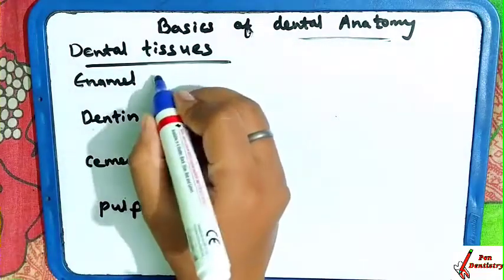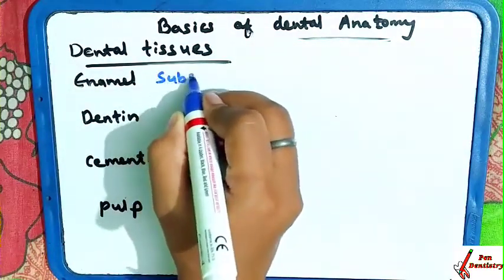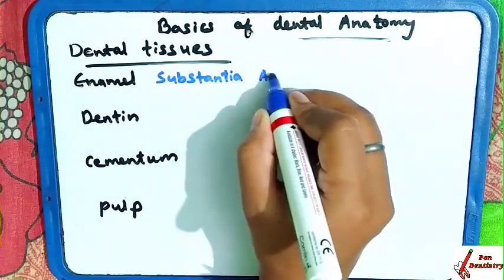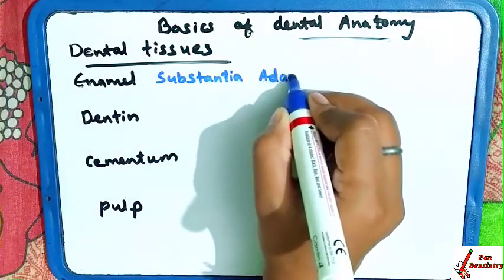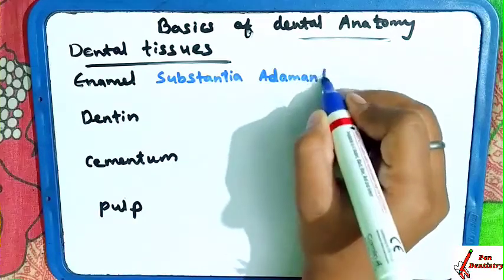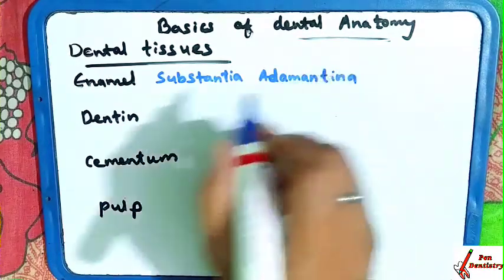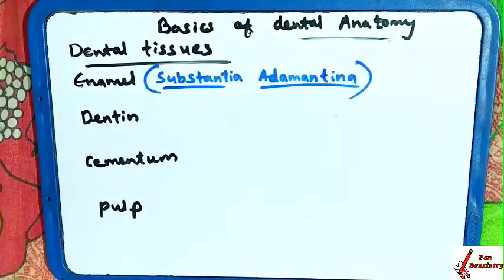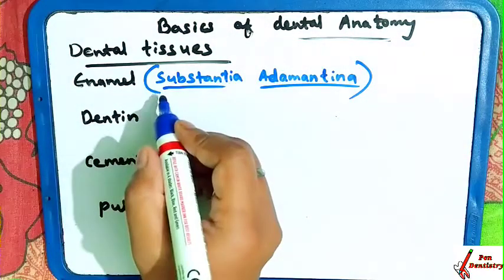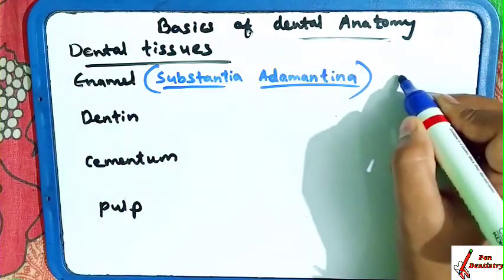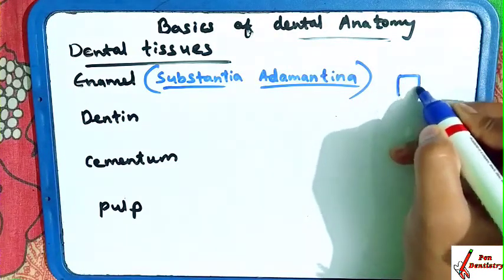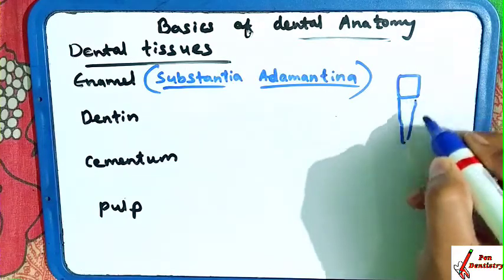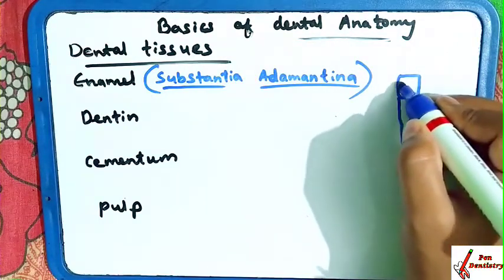One is enamel. Enamel is also known as substantia adamantina. This is the scientific name of the enamel. Enamel covers the crown portion of the tooth, the outermost part.